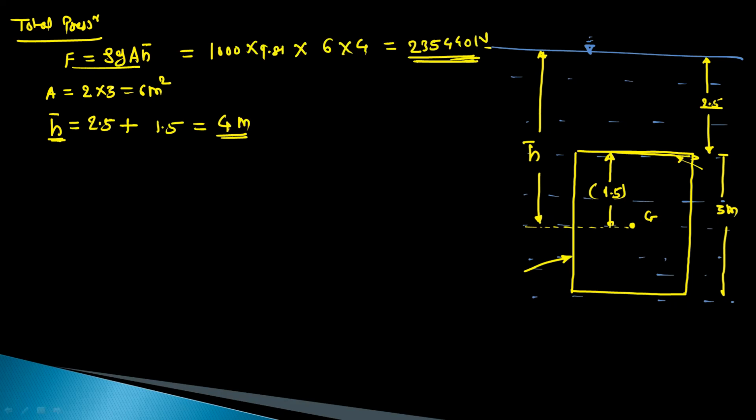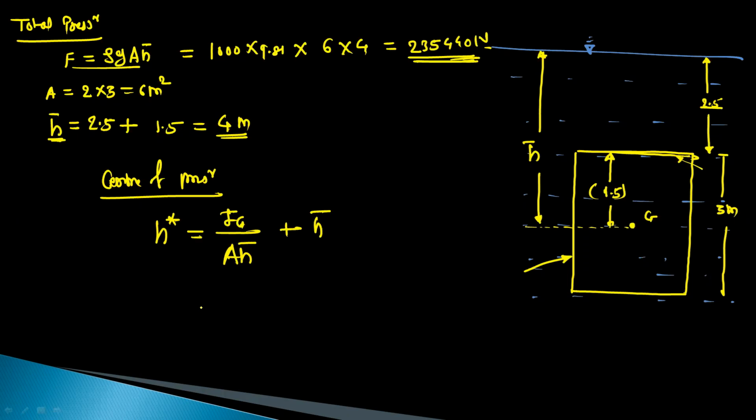So this is the total pressure, and the center of pressure, which is the H star value, is equal to Ig upon A h bar plus h bar. Ig will remain the same, which is b d cube by 12 only. We have already calculated this value, which is 4.5 meter raised to 4. h bar is 4 meter for this condition.